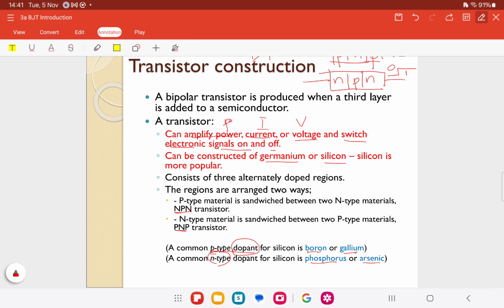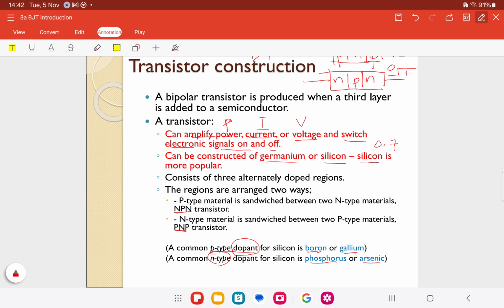Normally memang guna silicon, germanium agak jarang. Tapi saya rasa setakat yang saya jumpa calculations mesti pakai 0.7 lah. Okay, nanti kita akan tengok kat mana the value of the 0.7, what is the 0.7 value.